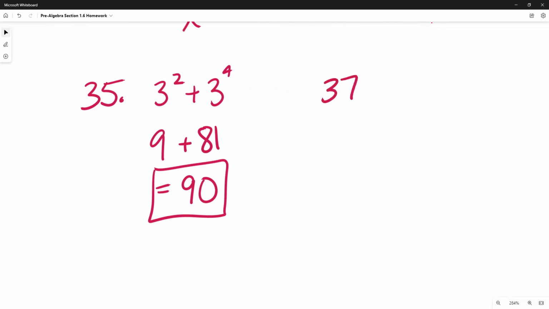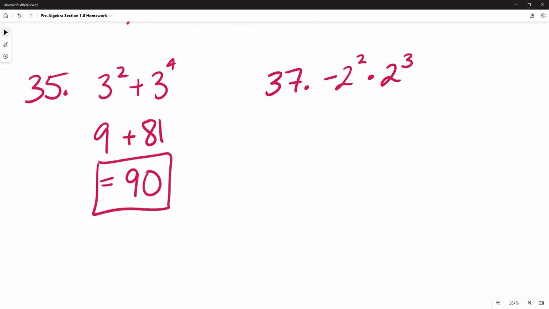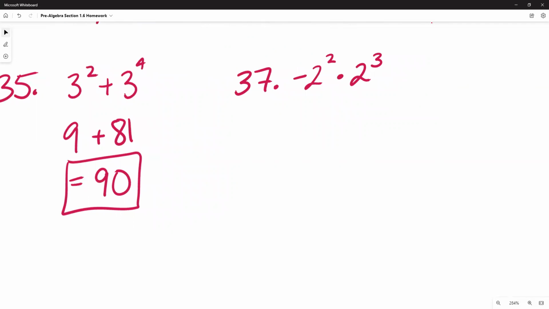All right, everybody got it? 37. All right, Zachary. -2 squared times 2 cubed. What do we have to look for with that -2 squared to figure out what we do?